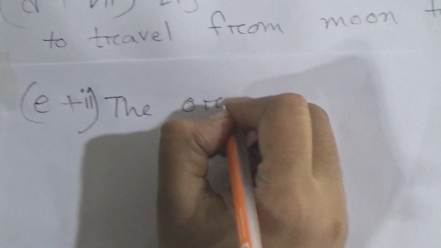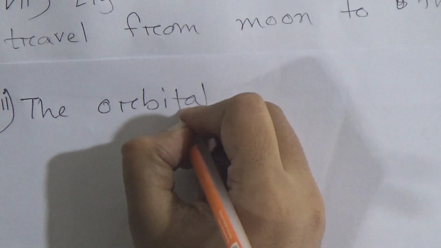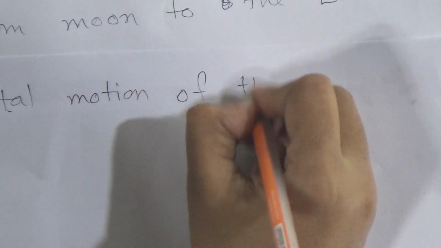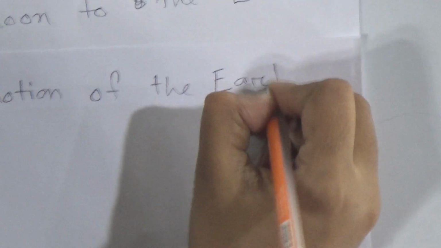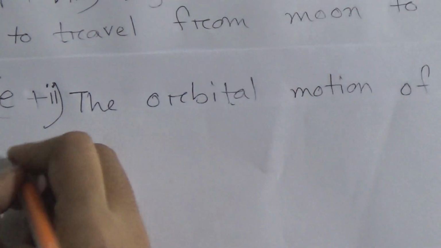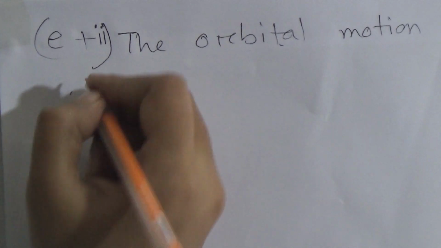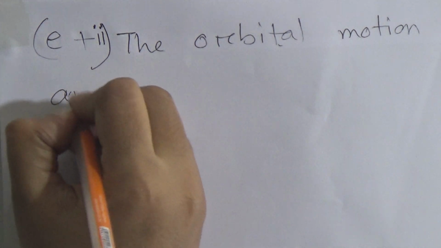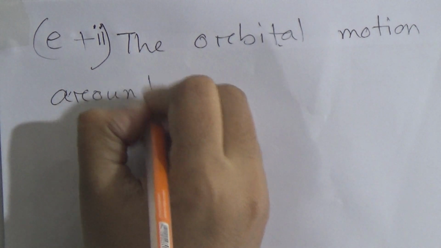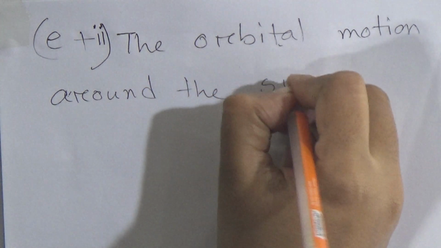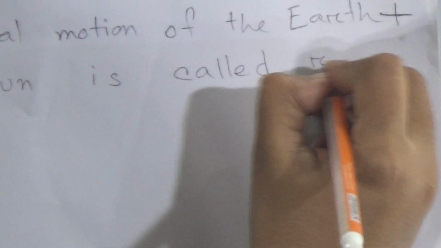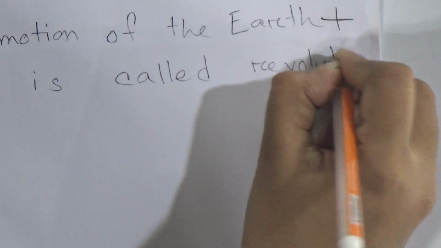The orbital motion of the Earth around the Sun is called revolution.